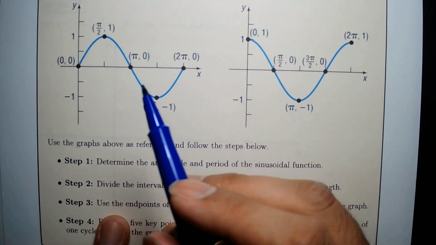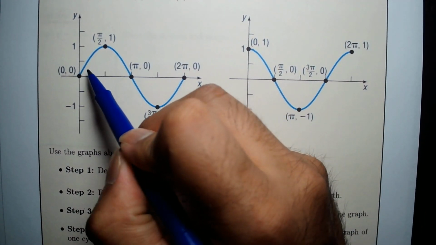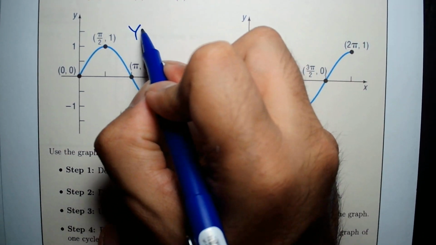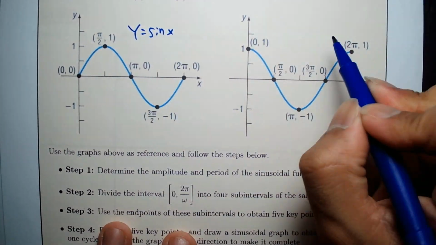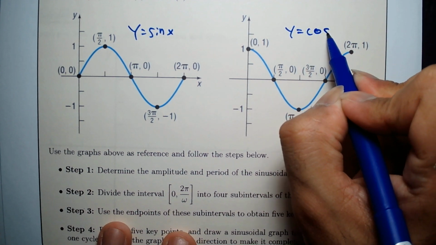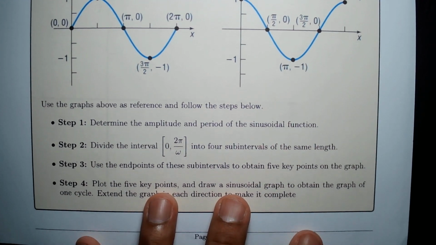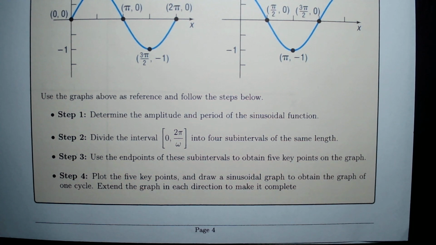And all you need to do here is to recall or memorize the shapes of y equals sine x and y equals cosine x. That's all we need to do. Memorize those functions. And then from here, you plot the points.